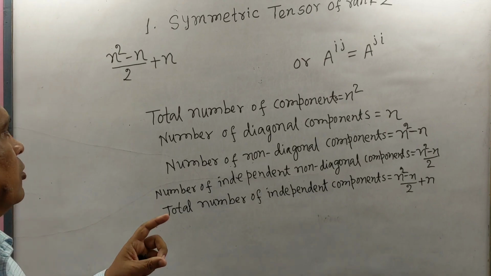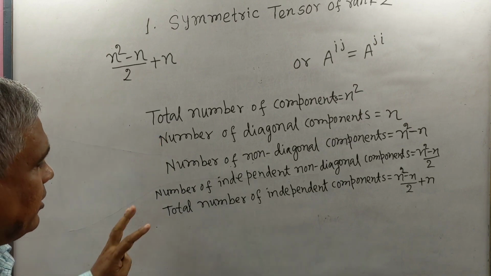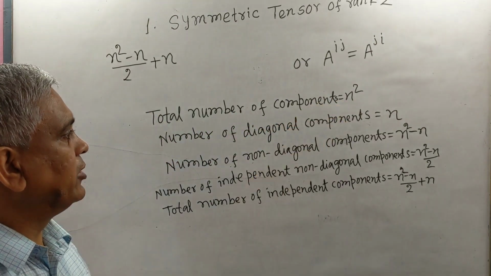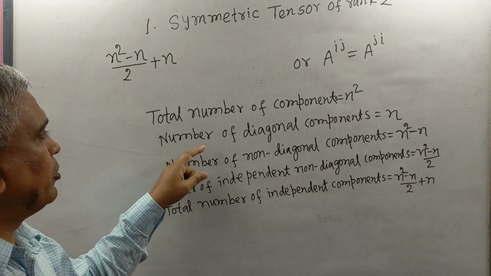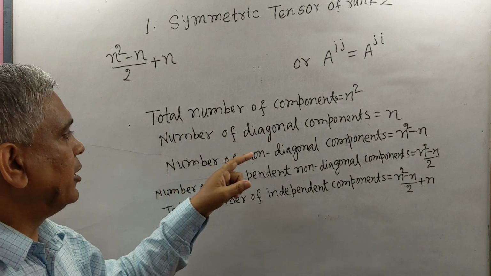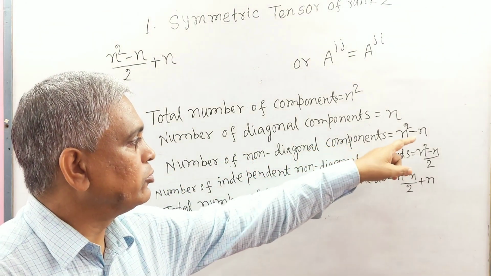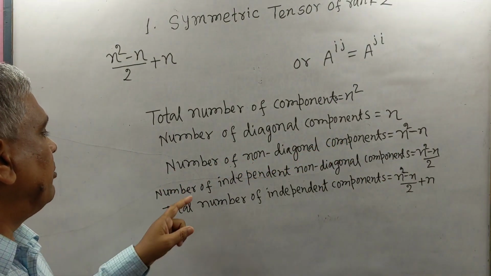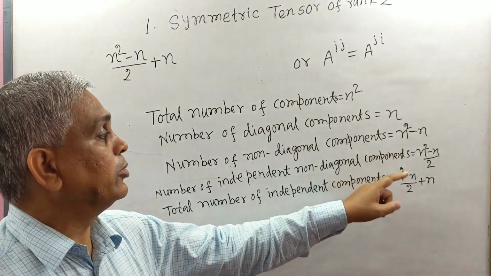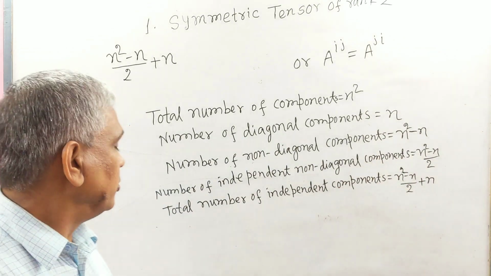So total number of components equals n square, diagonal components equal n, non-diagonal components equal n square minus n, and independent non-diagonal components equal n square minus n by 2.